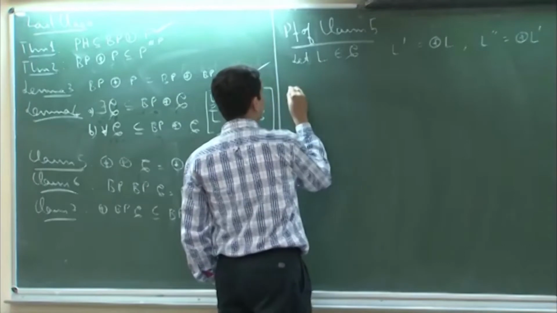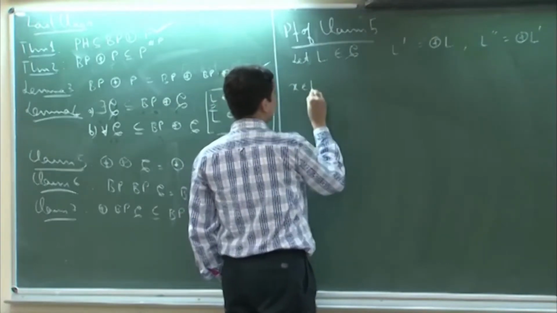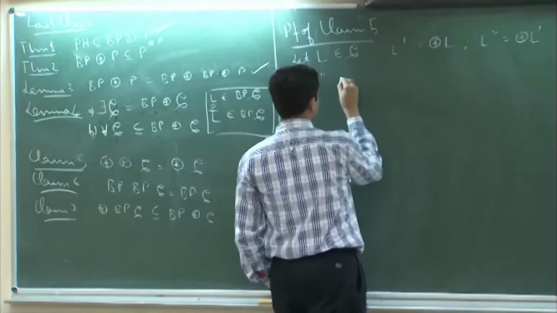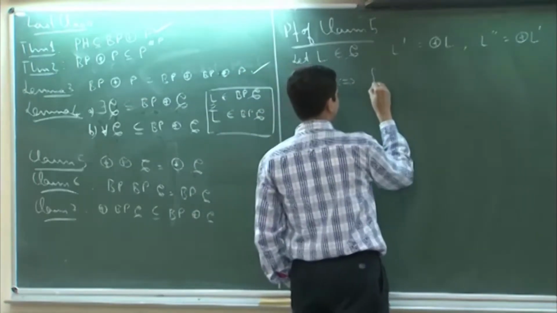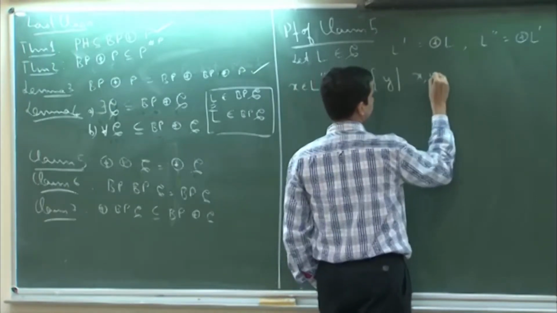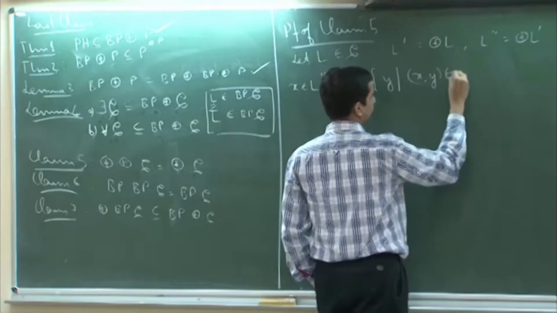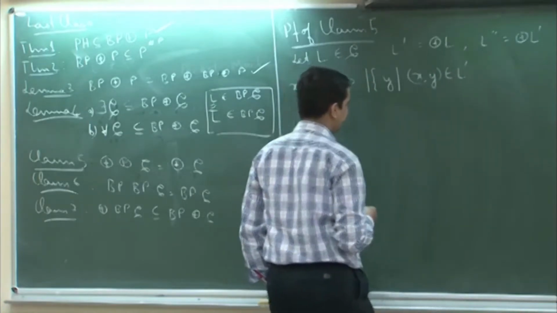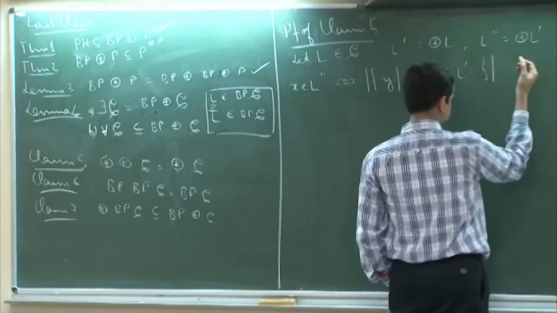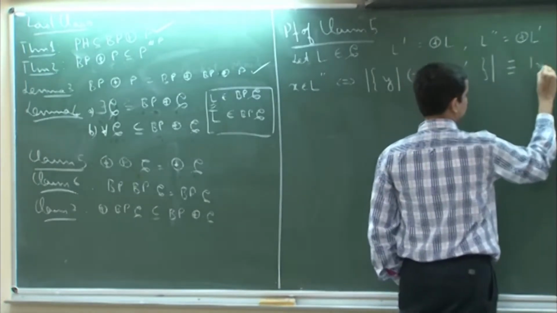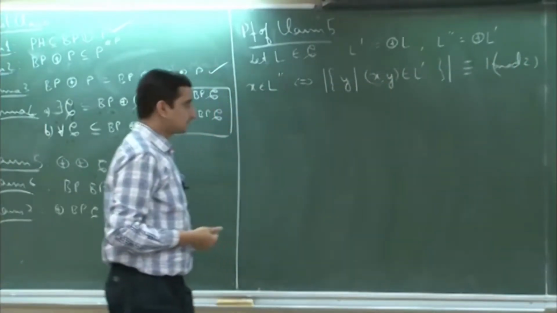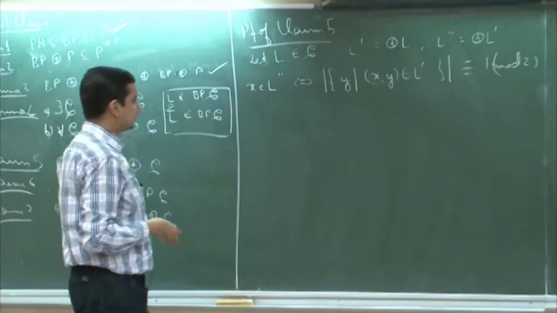So x belongs to L double prime if and only if the number of certificates y for which the pair (x, y) is in L prime is odd. So it's congruent to 1 mod 2. This is just another way of writing it's odd.